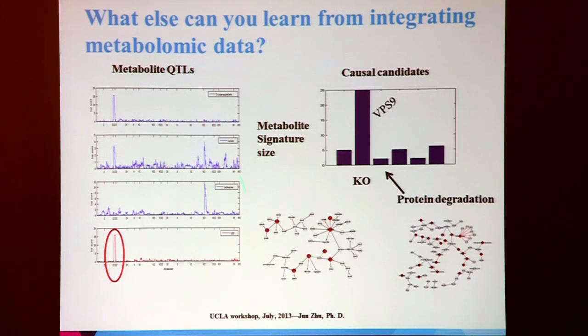Several others have a peak. What are they, and why do they have some other form of regulation? Then we go downstream to see what gene is underlying this locus. Then you have a hypothesis about its key regulator, and when you do a knockout, you see which one more likely generates a signature, not a gene expression signature, but an overlapping metabolite signature.